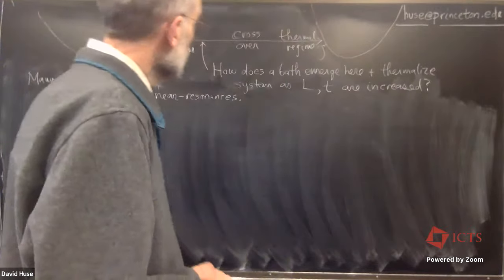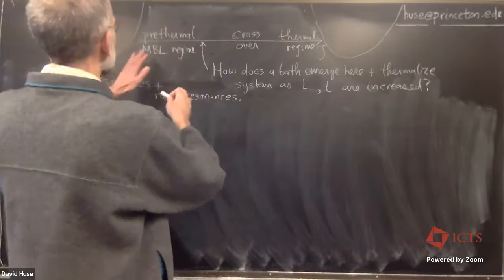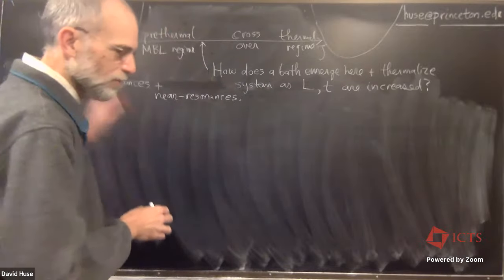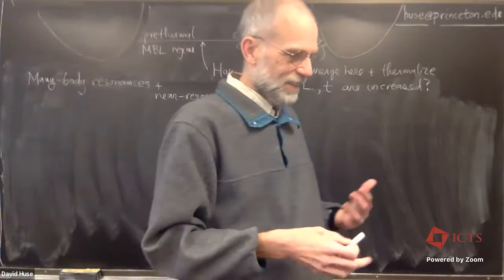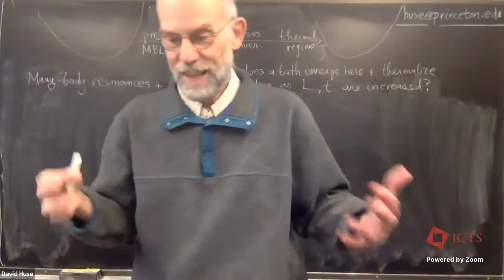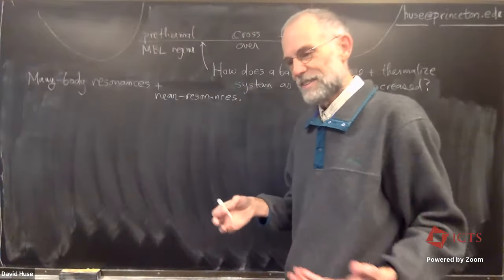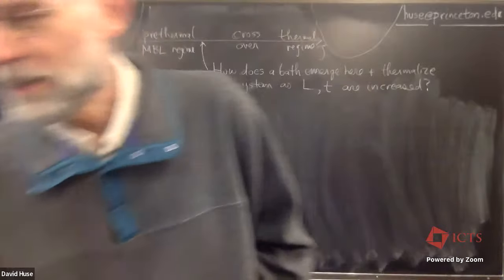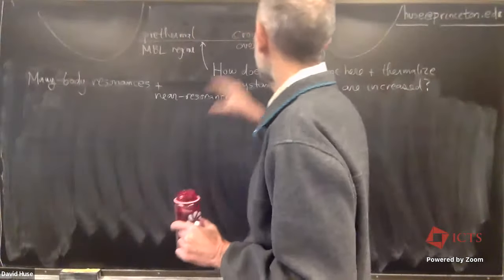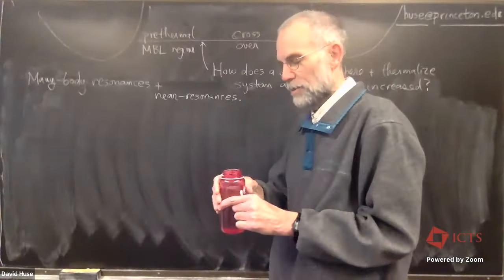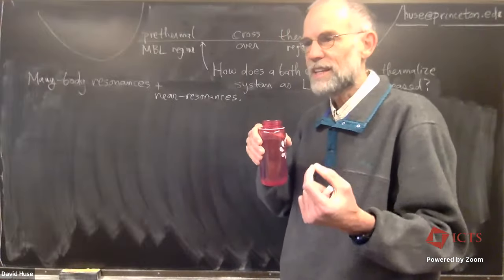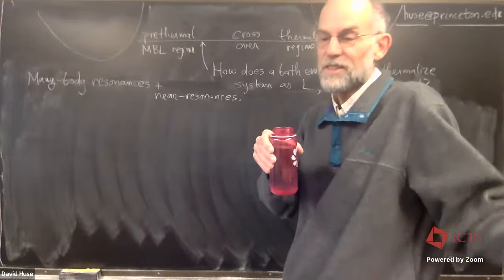In some sense, the study of the MBL regime and the MBL phase, looking for what's actually happening in there, was neglected for a long time because the focus was on this crossover. And a lot of things, you look at them in the MBL phase and nothing's happening, right?